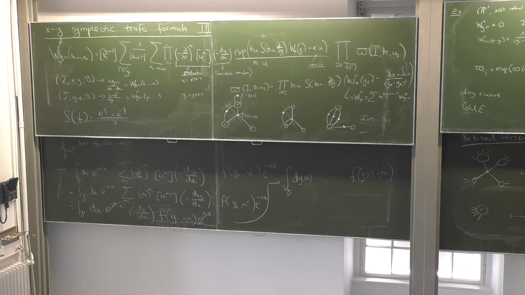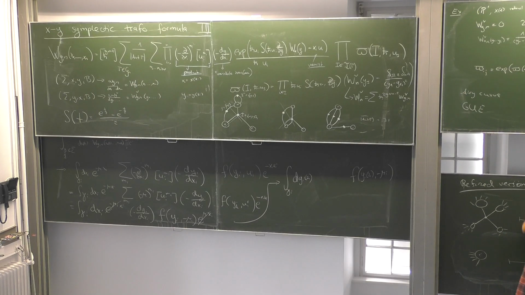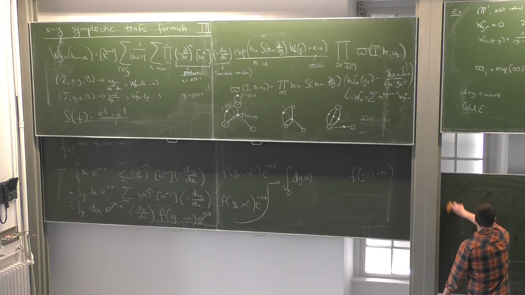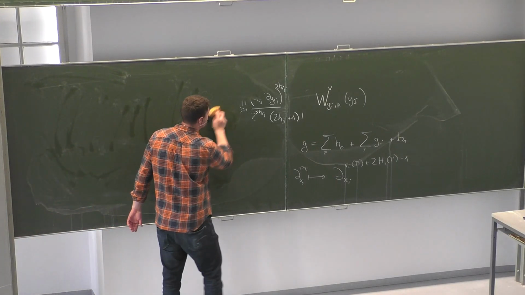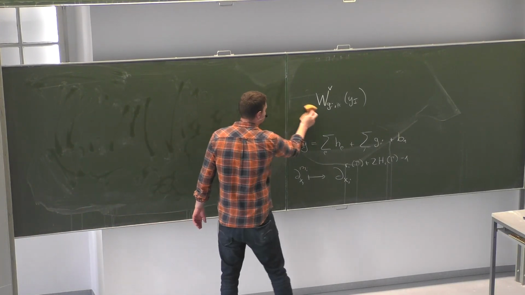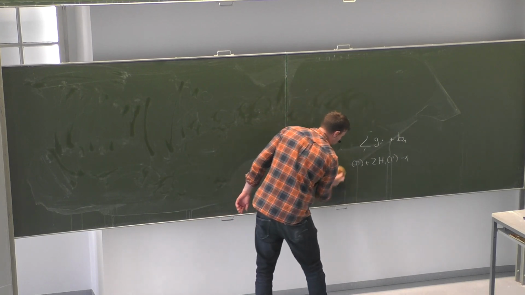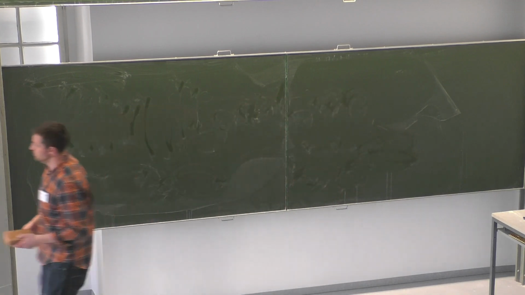So maybe we look at examples, an example of an example, which hopefully shows you how general this formula is, how general it holds, and what it can compute for you.